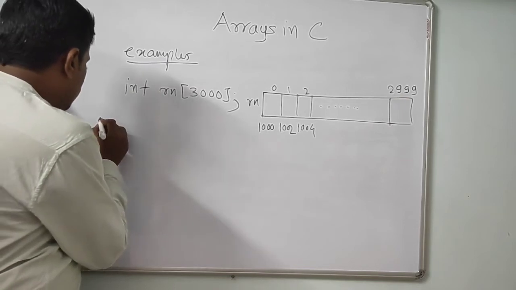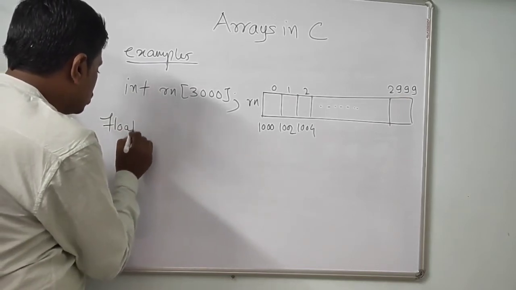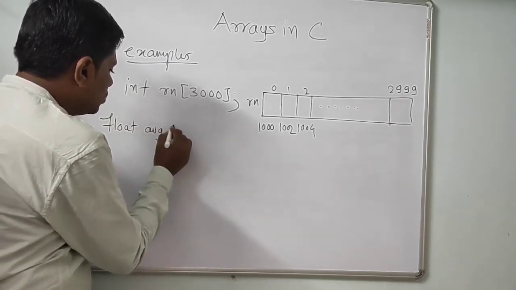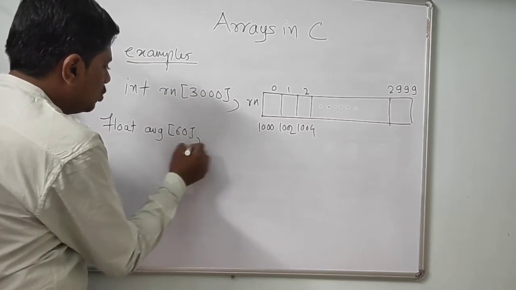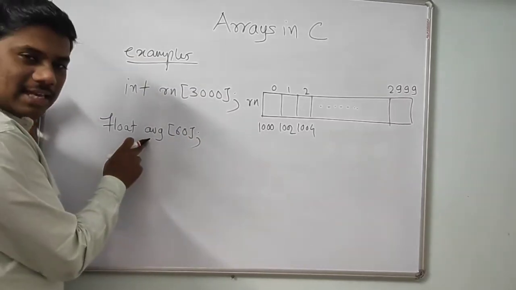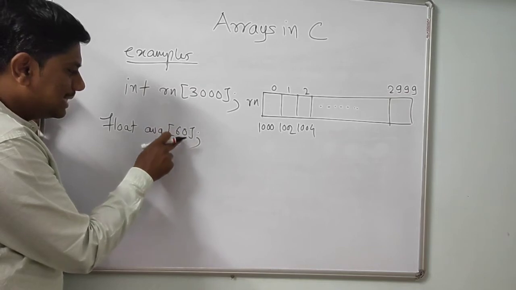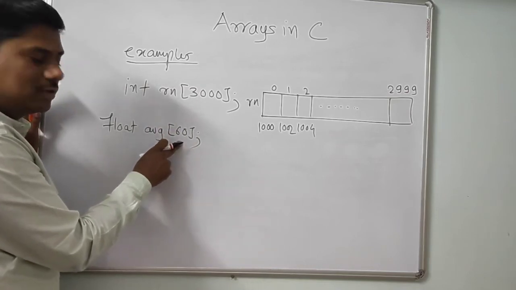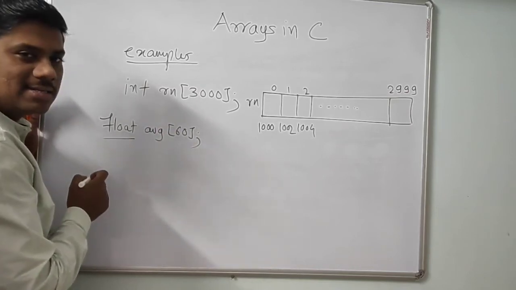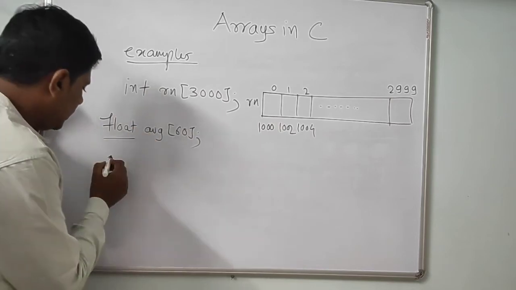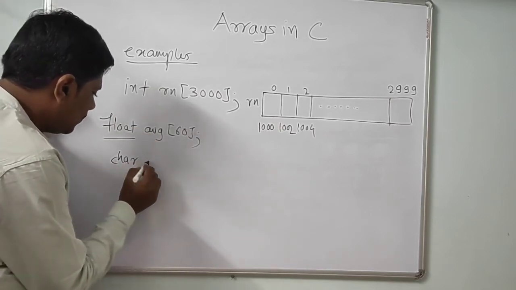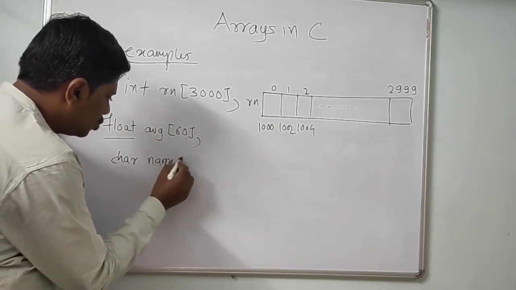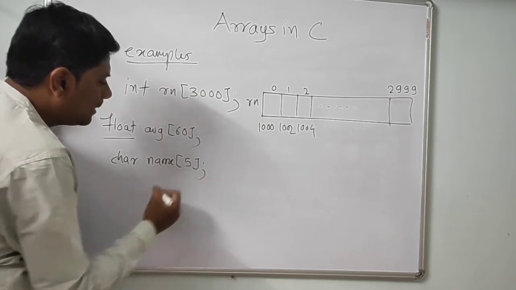You can also have a float array like this. Suppose I want to store the average of 60 students. In this array I can store 60 float values because I have given the type of array as float. The same way, suppose I want to store character values.